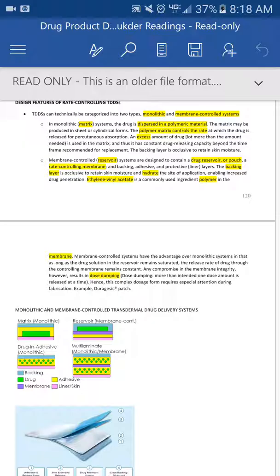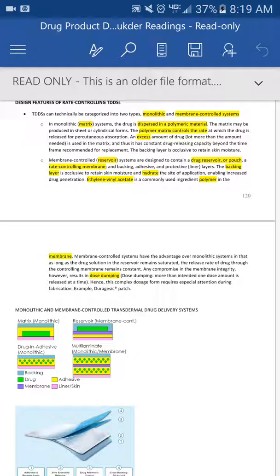It's a little different in transdermal than with pills, so let's just go through it. The matrix system, the monolithic matrix systems, the drug is dispersed in a polymeric material. So yeah, that's just like the matrix before. The matrix can be produced in a sheet or circular forms.